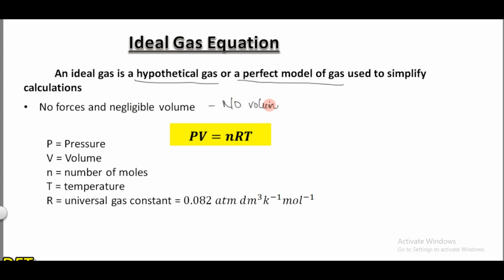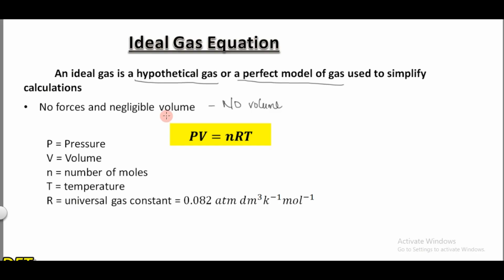And there is no gas that will have no volume. There is no gas without a volume. No matter how small, it must have a volume. So what we're trying to say here is that an ideal gas is that hypothetical gas or perfect model of gas used to simplify calculations that has no forces and negligible volume.